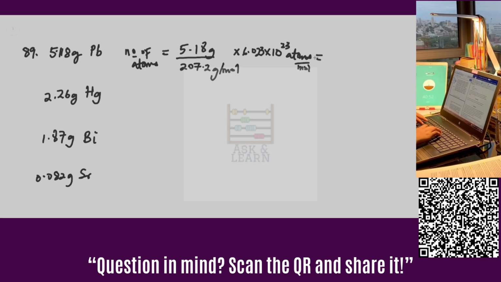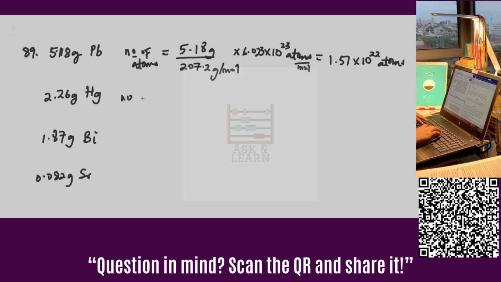And from this, you would see that the final result should be 1.51 times 10 to the power 22 atoms of lead.